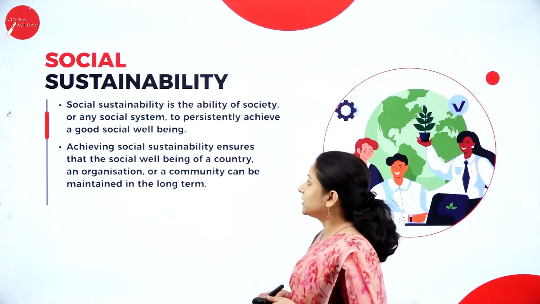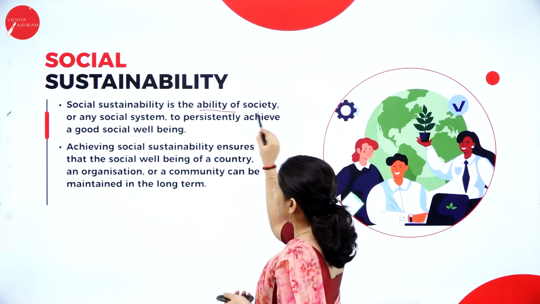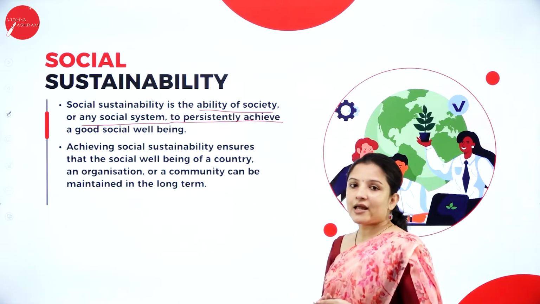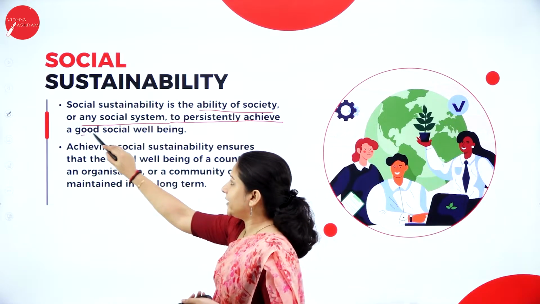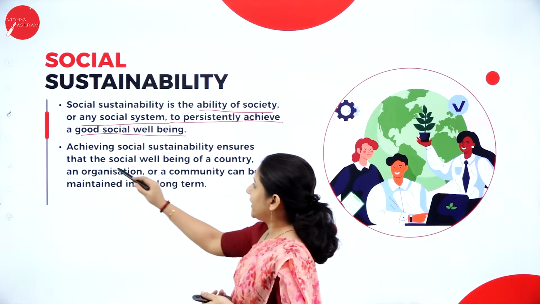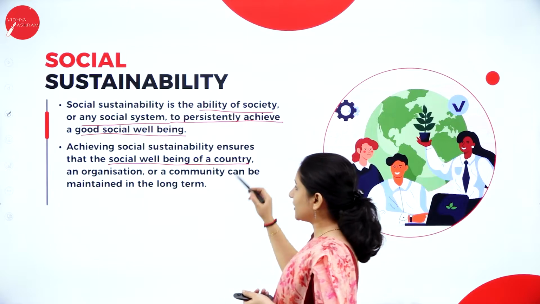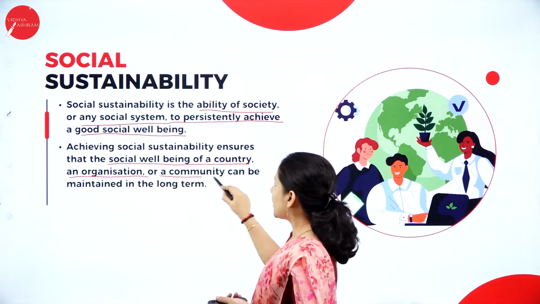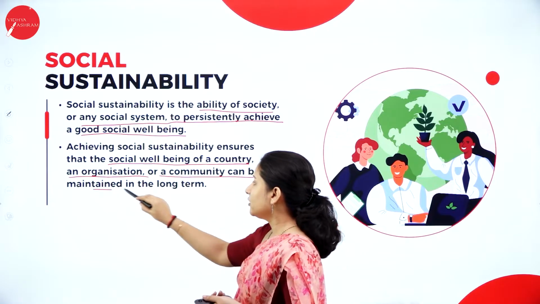Next is social sustainability. Social sustainability is the ability of the society or any social system to continuously achieve good social well-being. Achieving social sustainability ensures that the social well-being of a country, an organization or a community can be maintained in the long term.